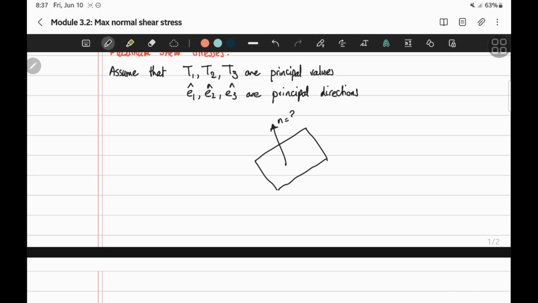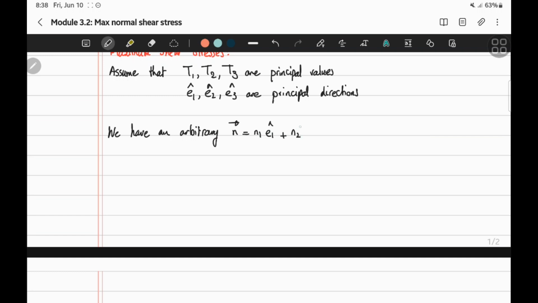So we want to find this N. So then we have an arbitrary normal, N, which is N1 E1 plus N2 E2 plus N3 E3, where the maximum shear stress acts on.